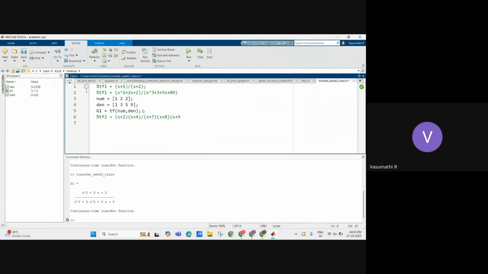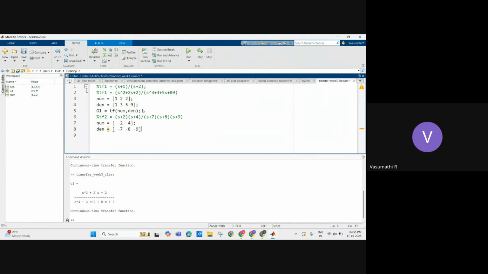Let's take that. I can write this in terms of, first, similar to the numerator, whatever coefficient is there, but here you have to write it in terms of root values. If there is s plus 2, you have to write it in terms of s equal to minus 2 form. So you should be careful here, otherwise this will go wrong. And the denominator I can write as minus 7 and so on. Just keep this in mind, these are different kinds of writing the transfer function.